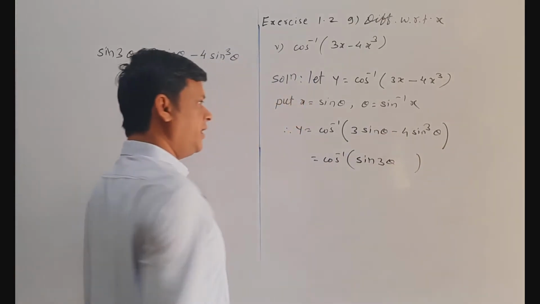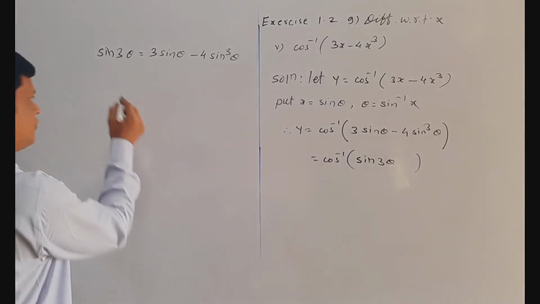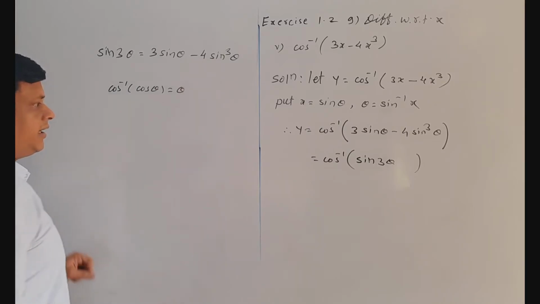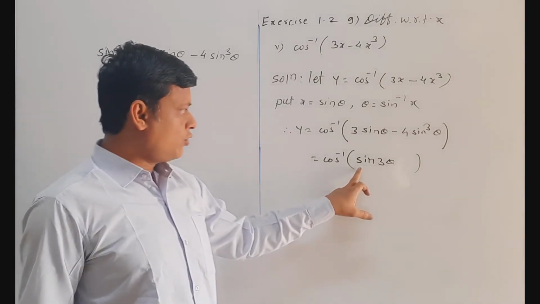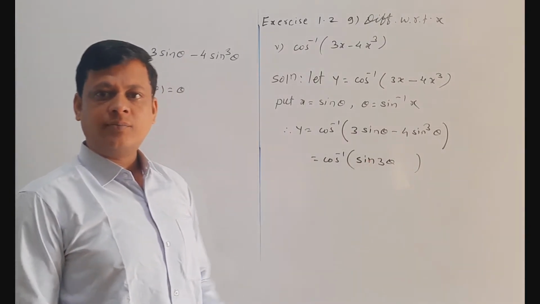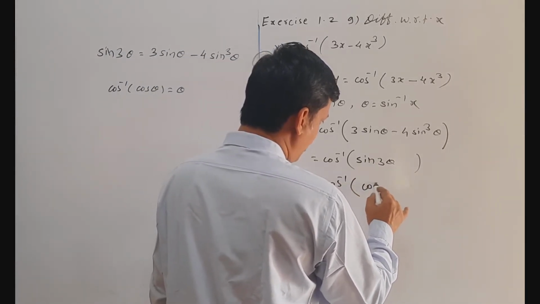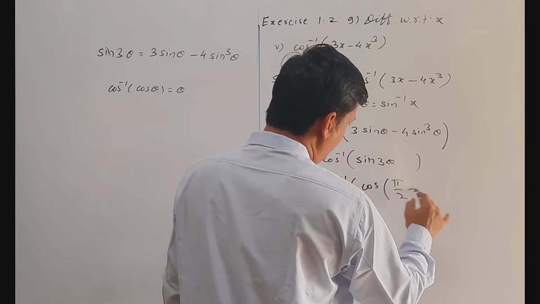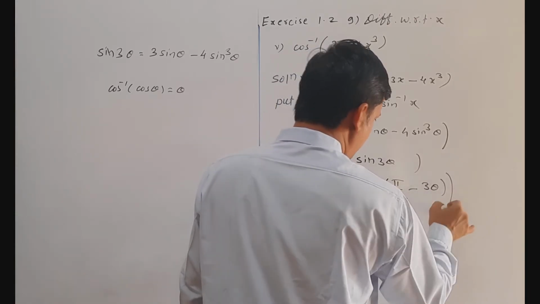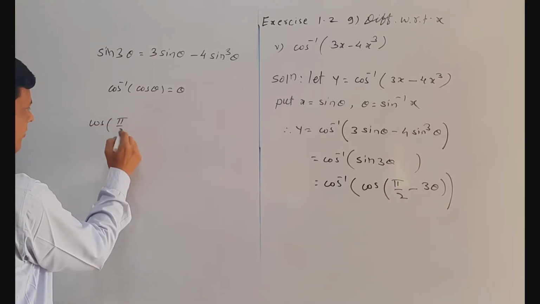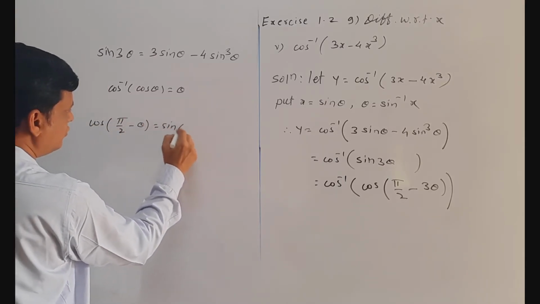Now the outer function is cos inverse. So we have to use the property cos inverse of cos theta equals theta. For that we have to convert this sine in terms of cos. So we use cos inverse of cos of pi by 2 minus 3 theta. That means we use the formula cos of pi by 2 minus theta is equal to sin theta.